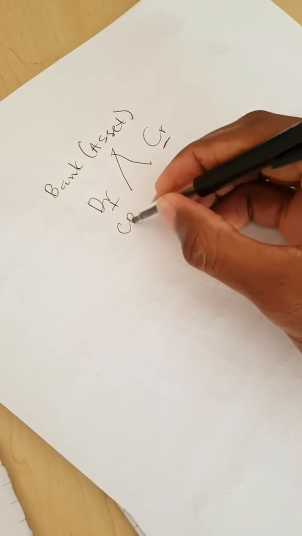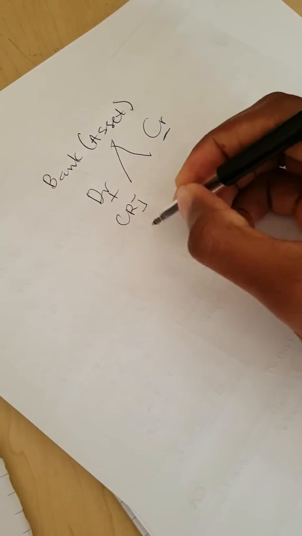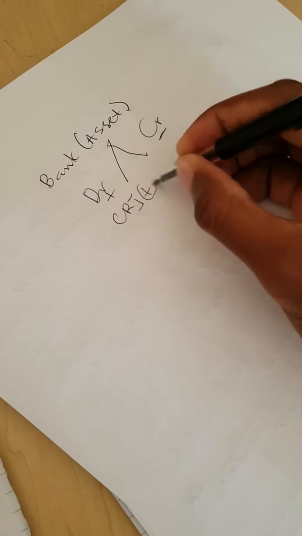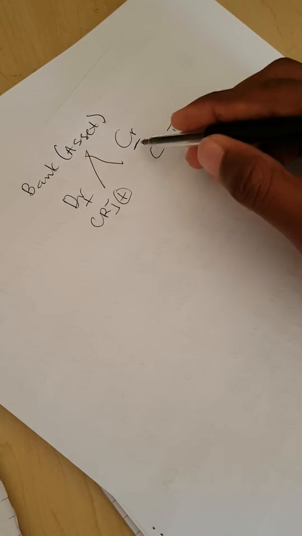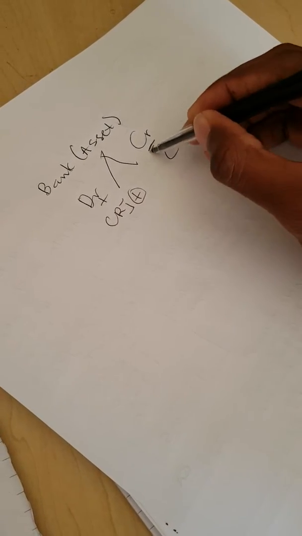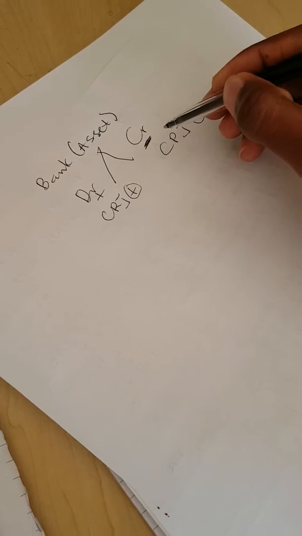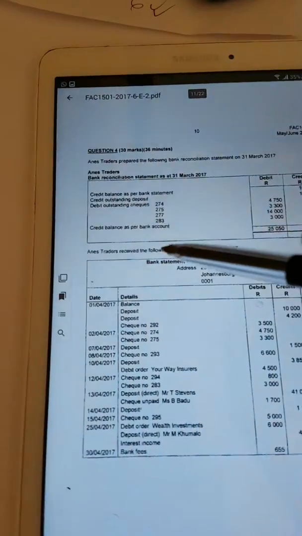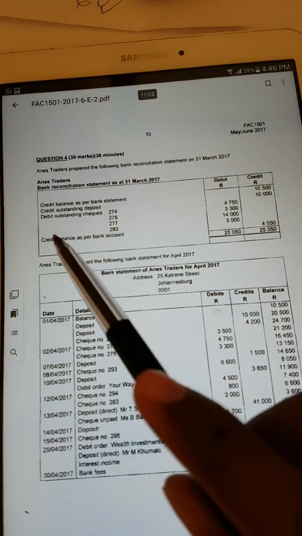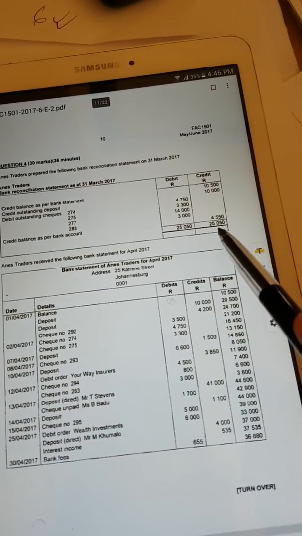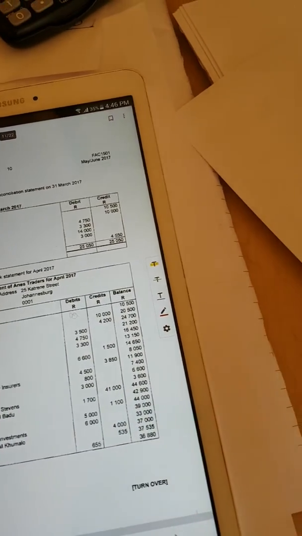So the cash receipt journal increases the bank, so they are positive to the bank, and the cash payment journal is negative to the bank. Okay, so since on the credit side is where the bank decreases, and in our information they tell us we have a credit balance as per bank account, it means we have an unfavorable balance.